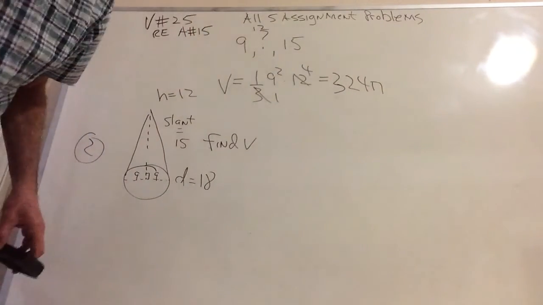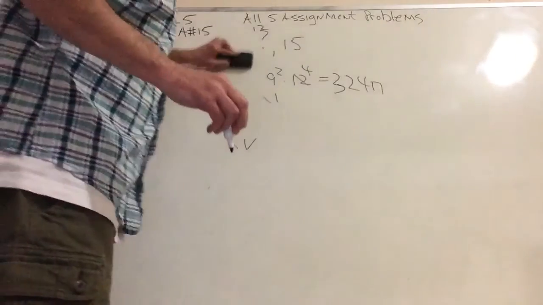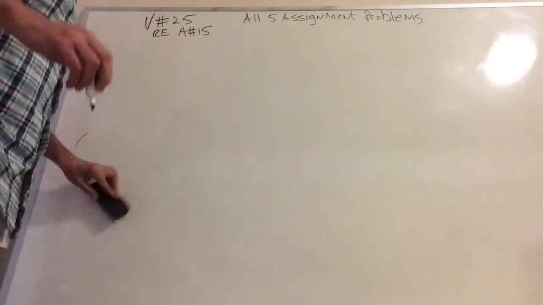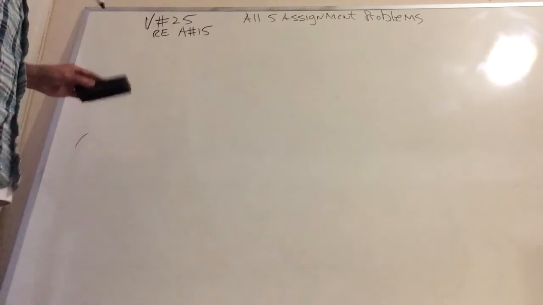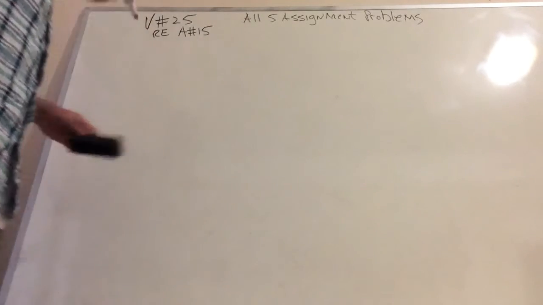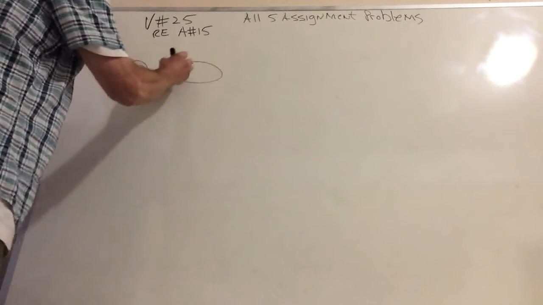Okay, we move along. I'm checking the time. We move along quickly. Erase all the superfluous stuff here. So we have the first answer is 288 pi. The second one is 324 pi. Everything in terms of pi. Easy stuff.